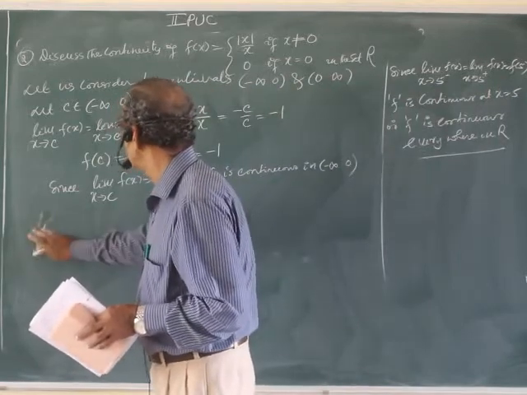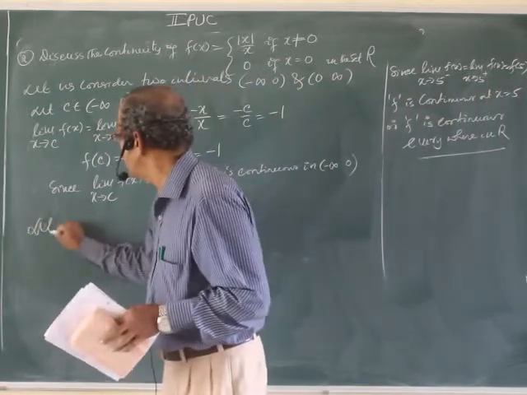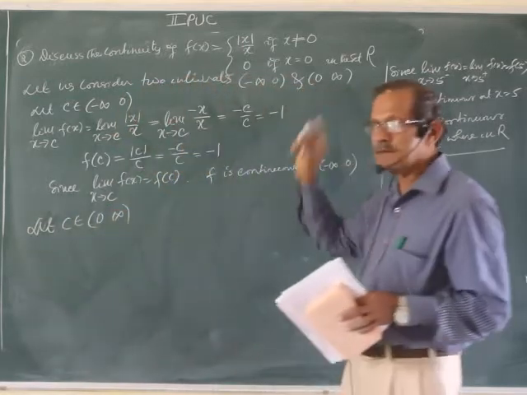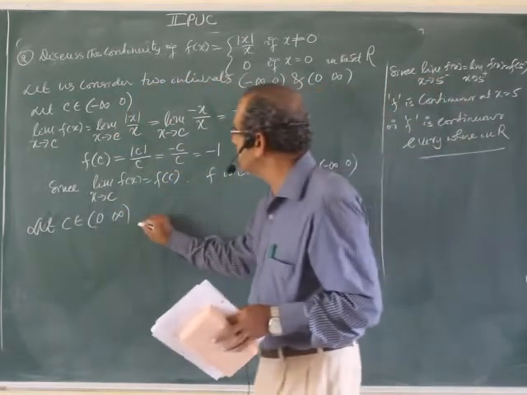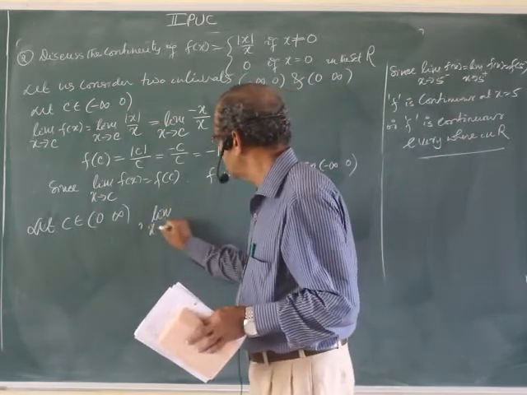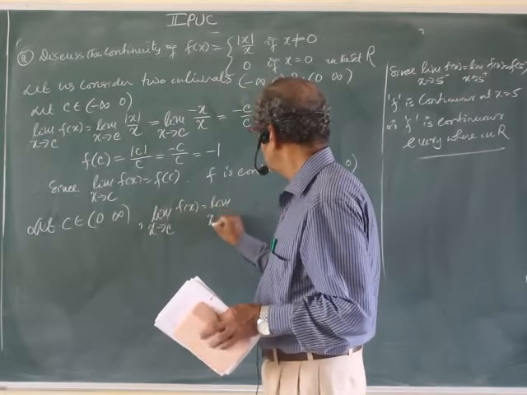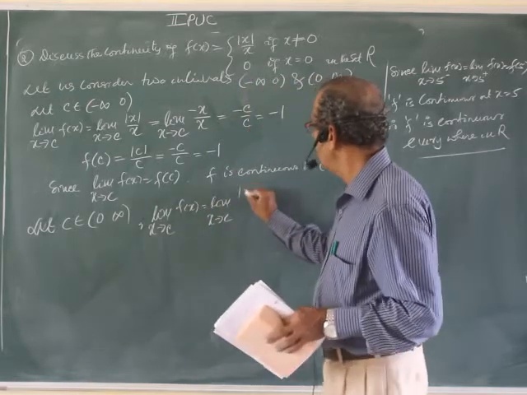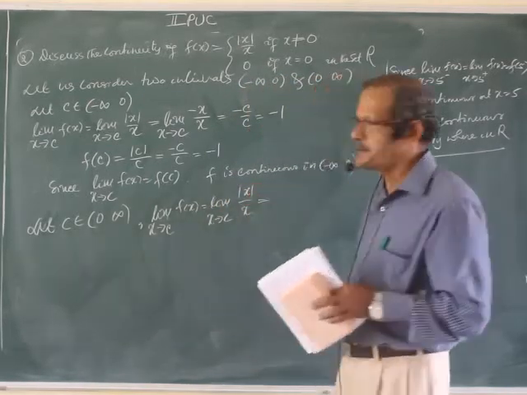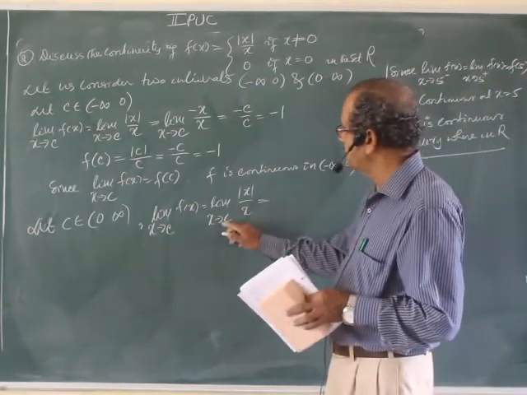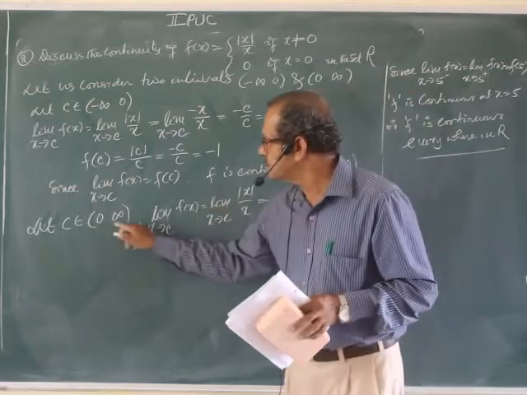Next, let me consider one more, let C be in 0 to infinity, the next interval. Limit x tending to C of f of x equals limit x tending to C of mod x by x. C is already positive.